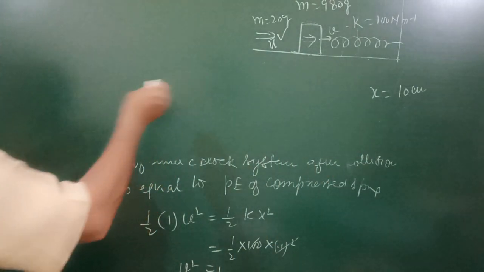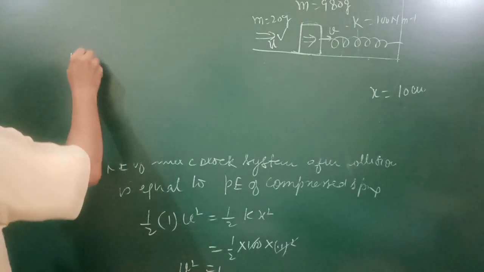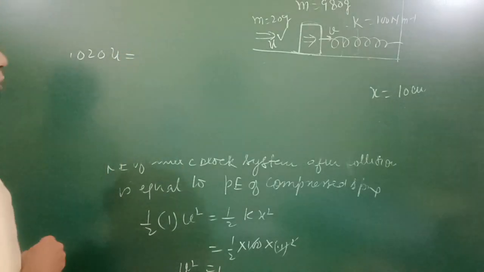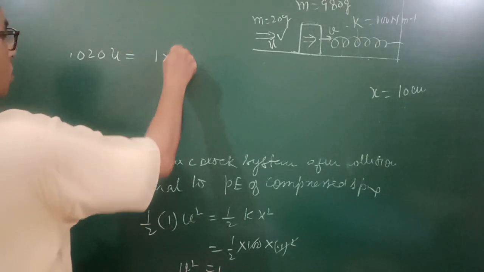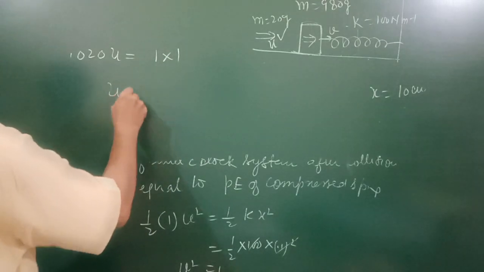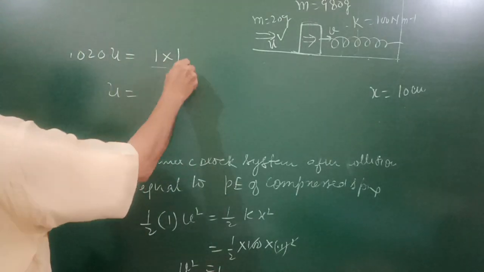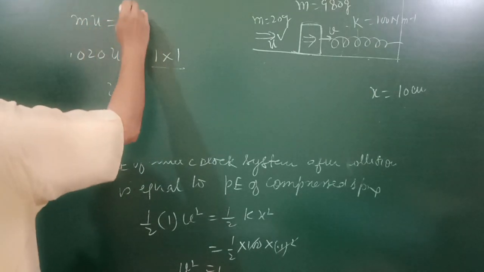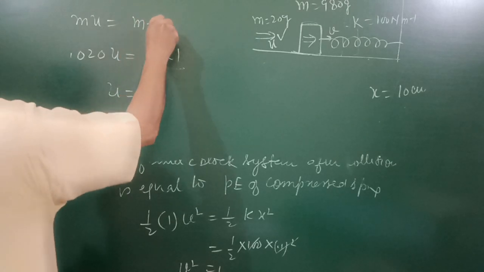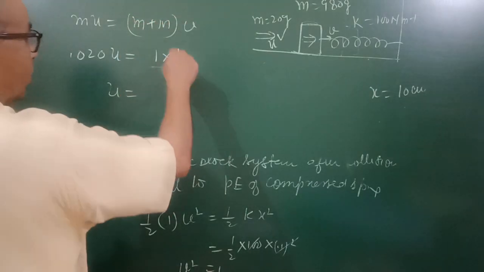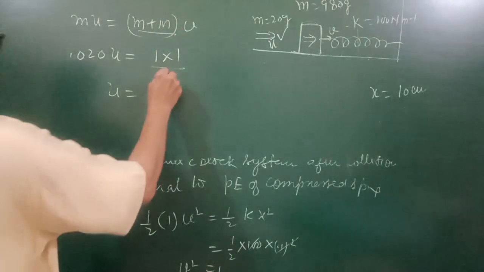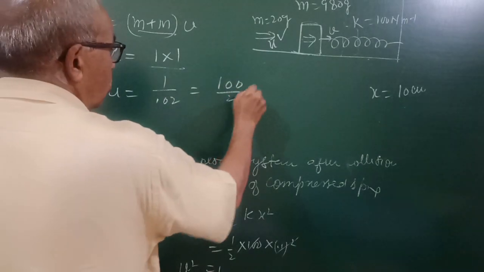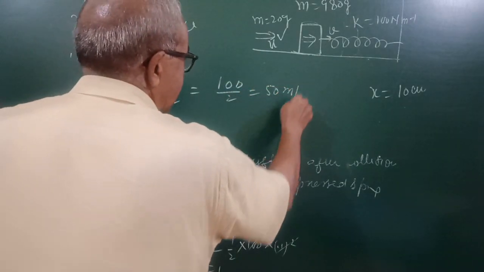Momentum before collision is 0.020 u, momentum after collision is 1 into 1, so the momentum of the bullet into its velocity equals (m plus M) into v. You have determined this v as 1, this is 1 kg, so u is equal to 1 upon 0.02, which means 100 upon 2, 50 meter per second.